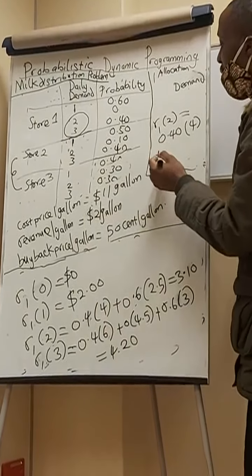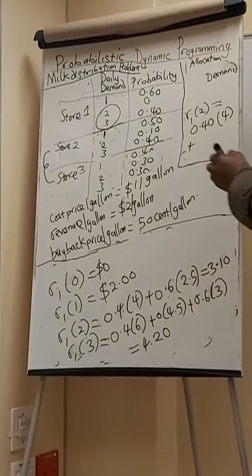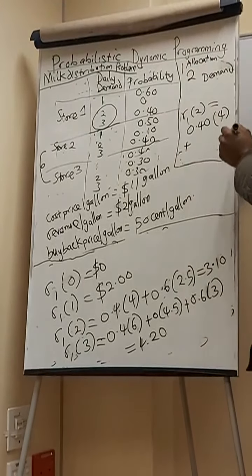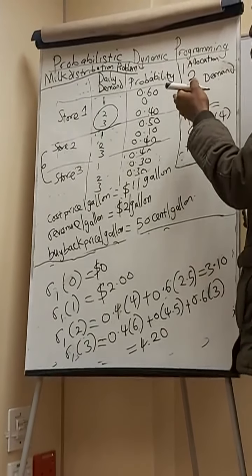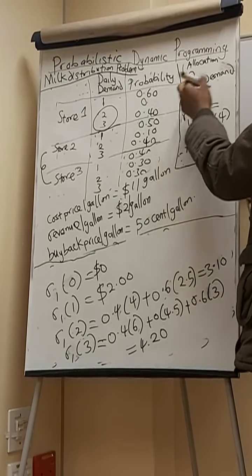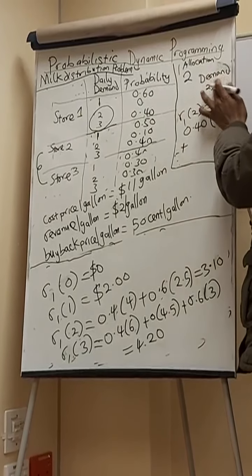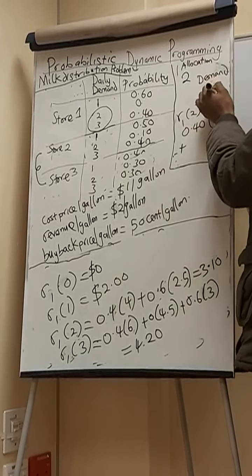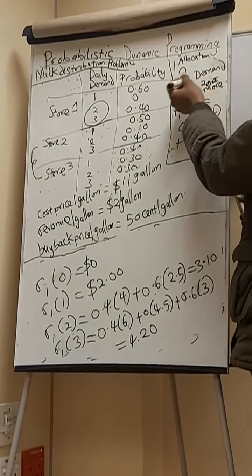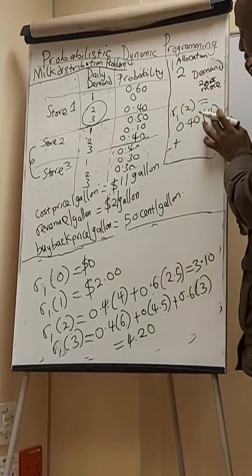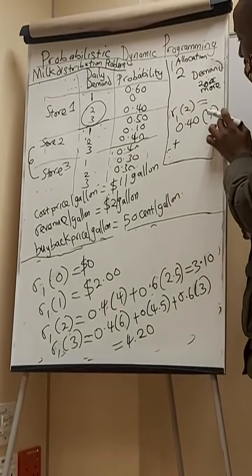And that is what you are seeing here, which is 0.4 times 4. Don't forget, the allocation is 2, and we have looked at the demand being 2 or more, so we are going to sell all the 2 allocated, and the probability of having that is 0.4, times 4.